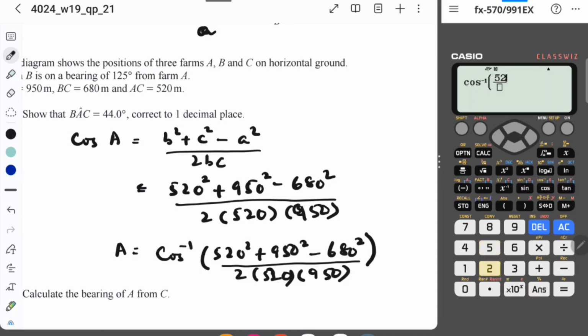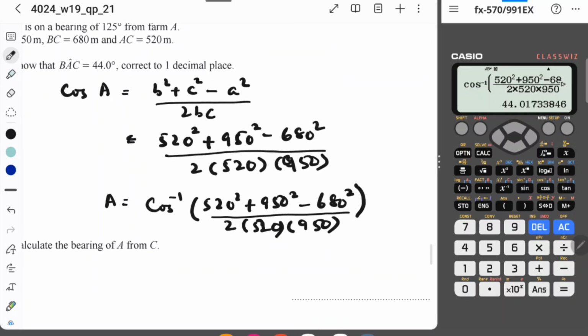This is 520 square plus 950 square minus 680 square. Alright, come down, and then it is 2 times 520 and 950. Okay, go up, bracket close, equals to, this is 44.017, corrected to one decimal place, it is 44.0 degrees.